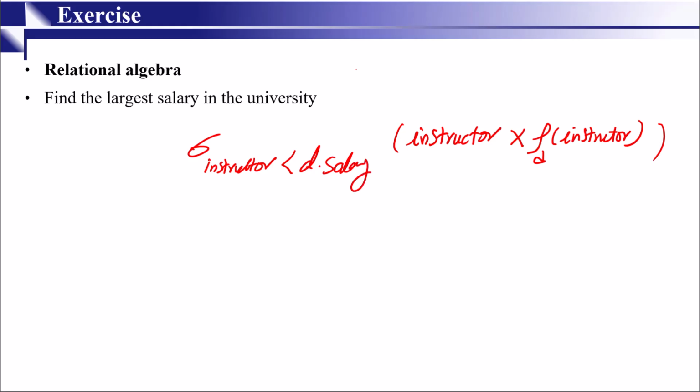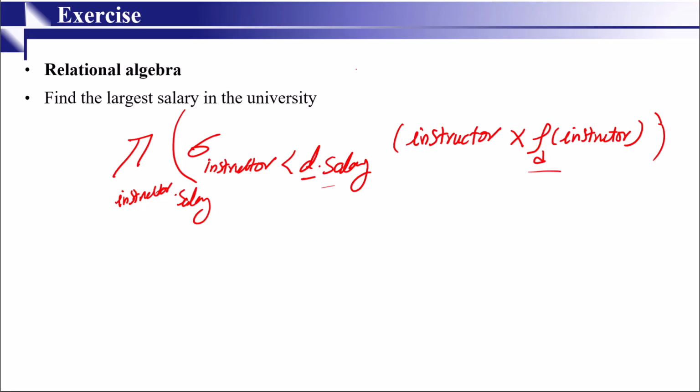It means the salary will be compared with another salary in the same table, but this time with the rename, with the D name, right? Then out of here, I will take out only what I want to have, only instructor.salary, because here I have two tables, D and instructor.